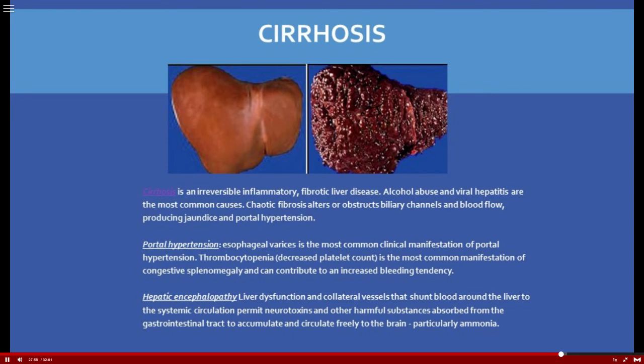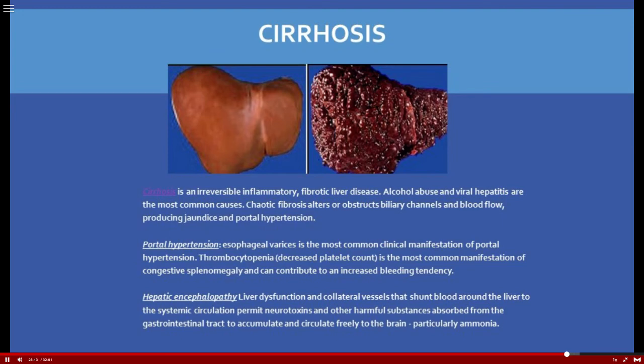Another manifestation of cirrhosis or dysfunctional liver is something called hepatic encephalopathy. So remember, the Kupffer cells in the liver are pretty important, right? They help detoxify things. They kill off extra bacteria, viruses.